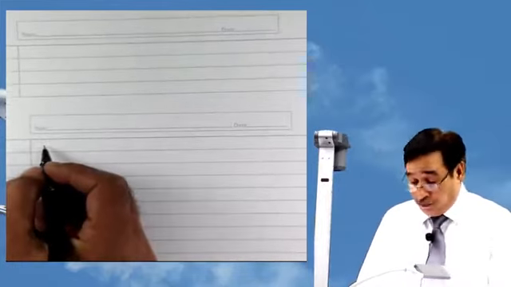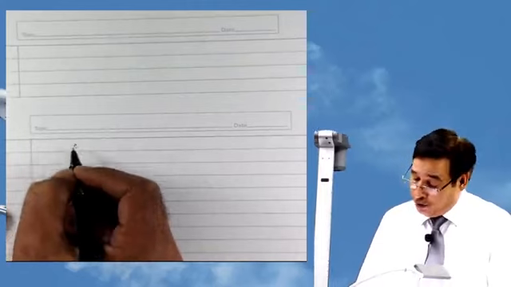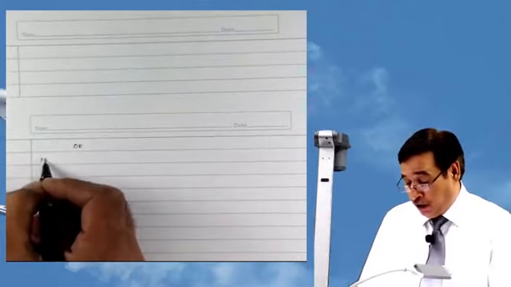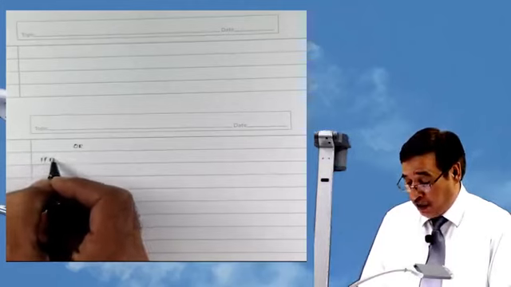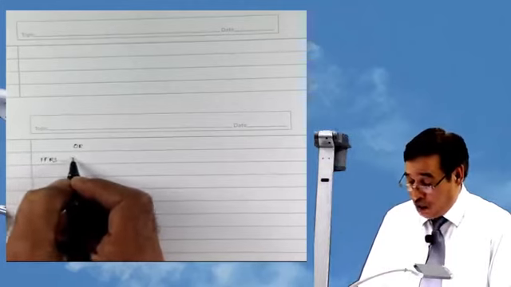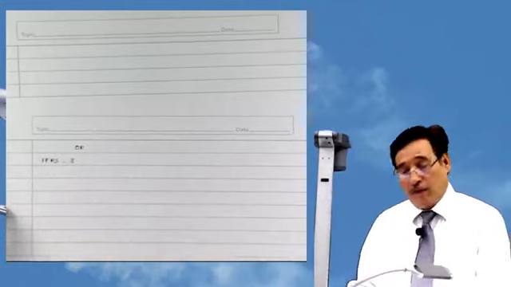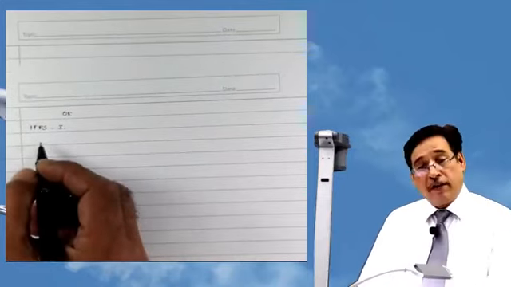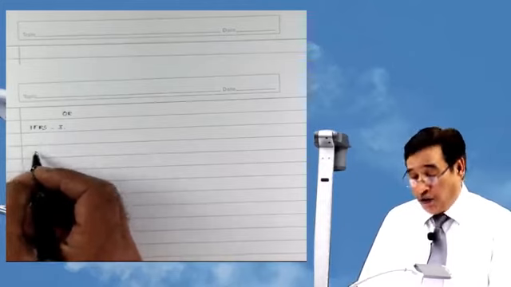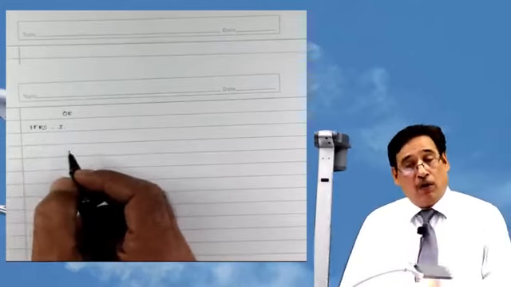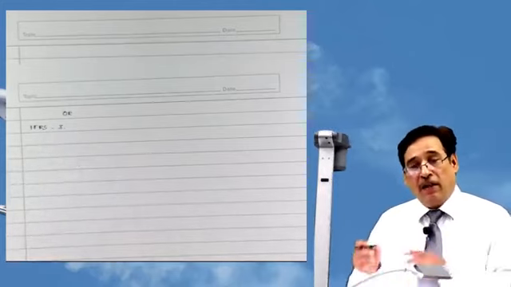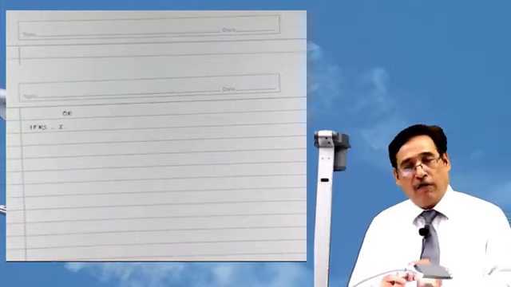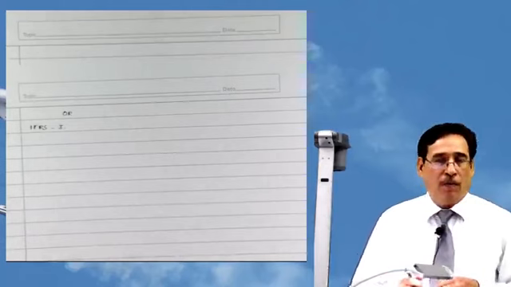So I will write OR, and I will write IFRS 3. Under IFRS 3, how are we going to compute the amount of goodwill? In order to compute the goodwill, IFRS 3 states that we need to know total net identifiable assets, of course at fair value, on the date of acquisition when we acquired the control.